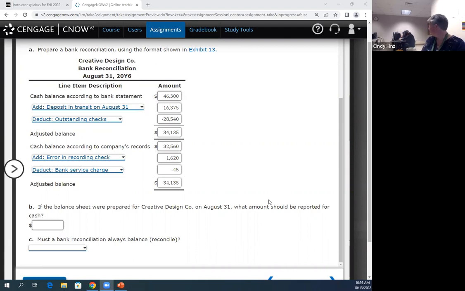Is that the number that should be on there? No, what should be on there? 34,135, because we know that we need to make corrections for those two reconciling items. Error in recording check and the bank service charge.